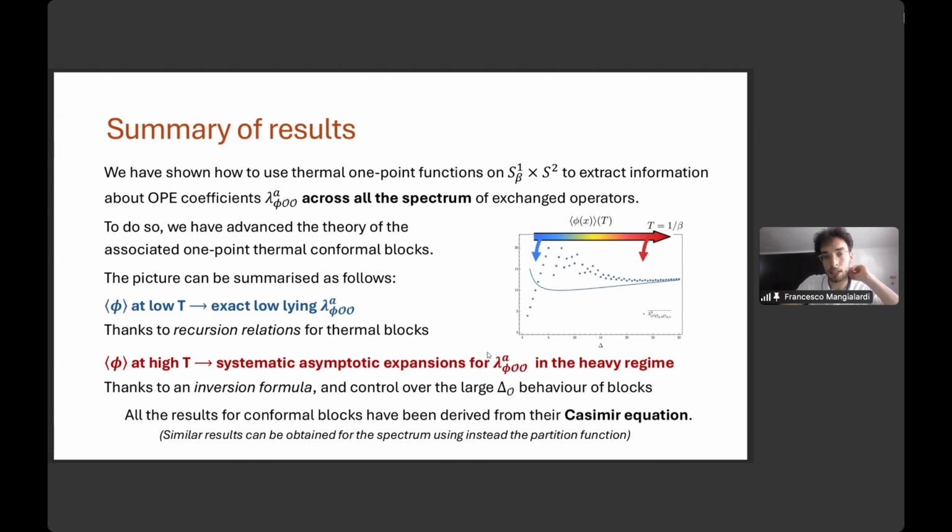And this is done thanks to an inversion formula for the OPE coefficient and the control of the blocks in the regime where the dimension of the exchange operator becomes large. Maybe a last comment about this is that all the results for the blocks have been basically derived just from their Casimir equation, which once again provides us with a lot of information, despite the fact that we are not able to solve it exactly.